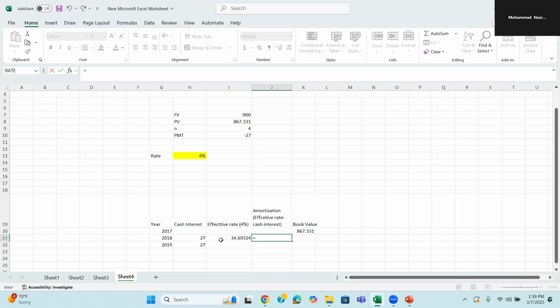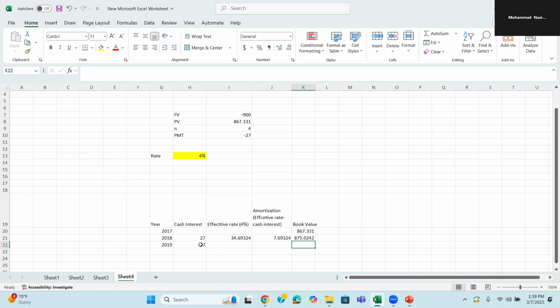And this amortization is the difference, this one minus the cash interest, right? So your amortization interest is 7.693, which is added to your ending book value. So your ending book value of the notes for 2018 is 875.